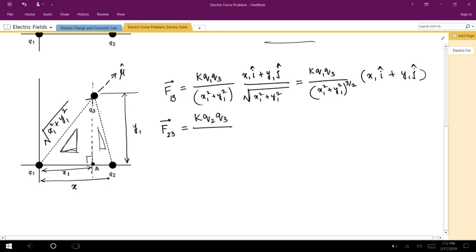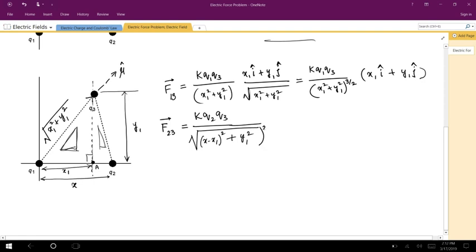In that triangle, if you again want to apply the Pythagorean theorem, the y part is unchanged, but the x part, you see that distance is x minus x1. So we have x minus x1 squared plus y1 squared, and this quantity raised to the power 2 because we have 1 over r squared in the denominator.